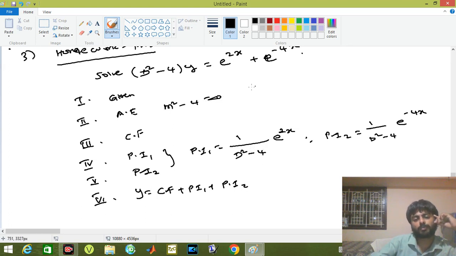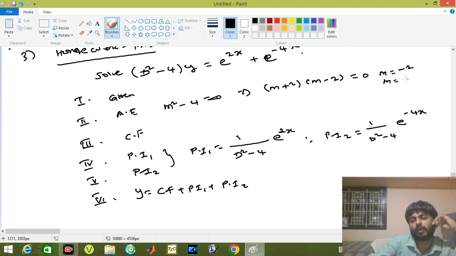So m square minus 4 equal to 0 can be written as (m plus 2) into (m minus 2) equal to 0, because (a plus b) into (a minus b) gives a square minus b square. So here a square means m square, b square means 2 square. So m square minus 4 is (m plus 2) into (m minus 2). So you get m equal to minus 2 and m equal to 2.